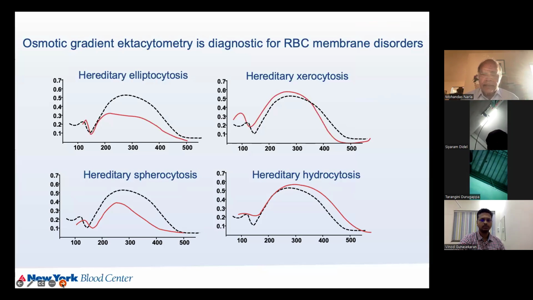This one is a classic test for membrane disorders these days, at least in North America and Europe, called osmotic gradient ektacytometry. And it's very diagnostic. You get very typical patterns of osmotic deformability profiles for elliptocytosis, spherocytosis, xerocytosis and hydrocytosis.